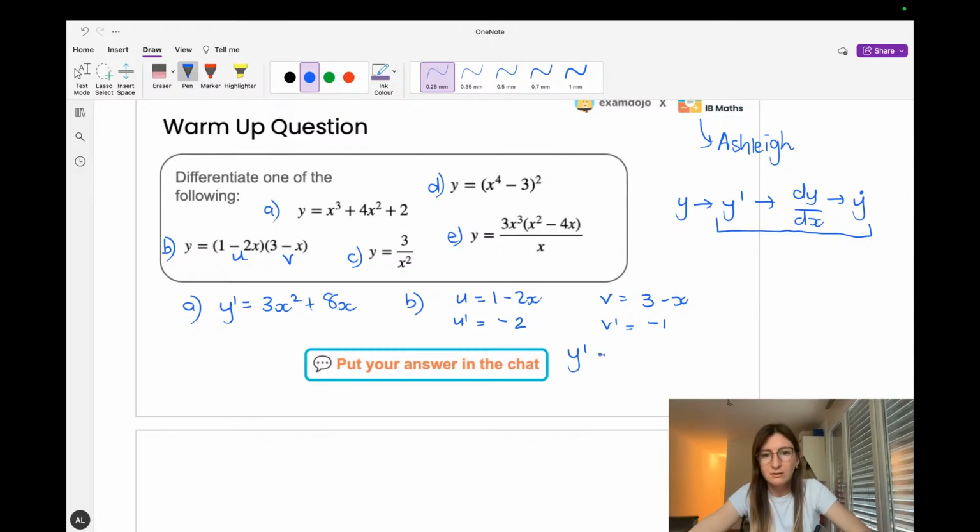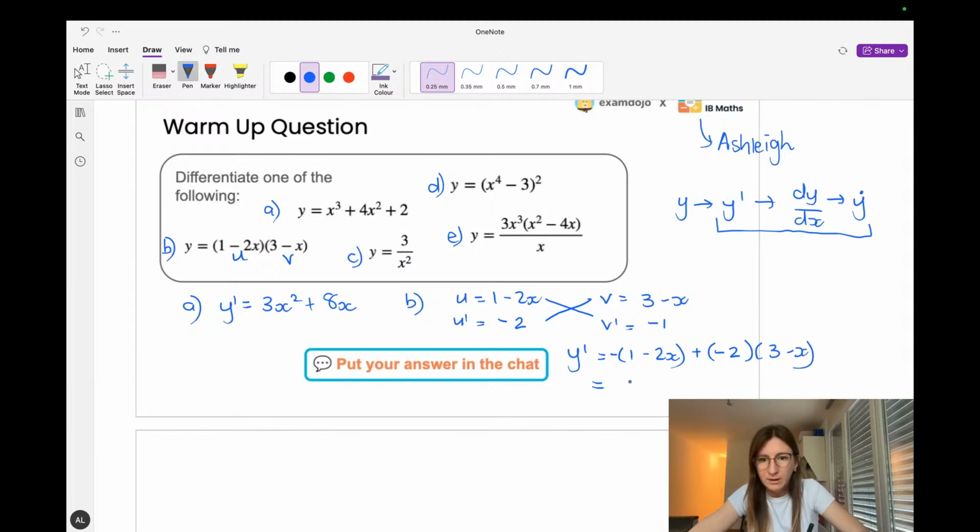So then when we put it all together, we've got to multiply those two, and then add them. So we'll have 1 minus 2x times minus 1. So I'm just going to put a minus 1 in front there. Plus, we have minus 2 times 3 minus x. Let me put that in brackets, 3 minus x, and then just clean that up a little bit.